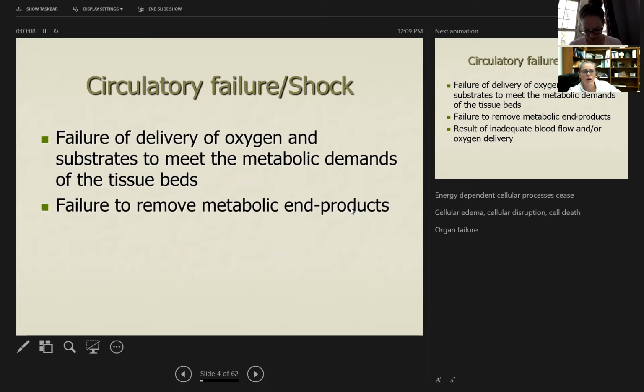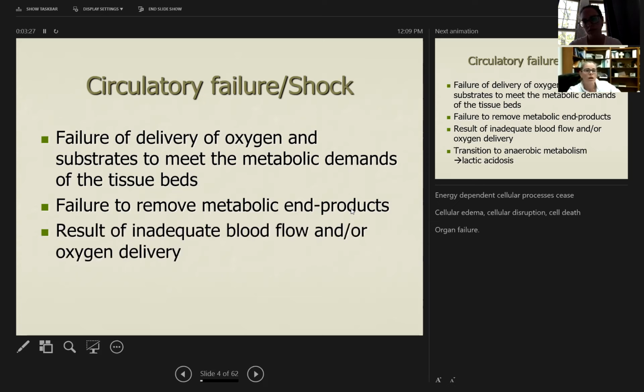And as you're not delivering substrate, as you're not delivering oxygen, as you're not perfusing those tissue beds, you're also not removing metabolic end products, which start to build up. So things like lactate, things like CO2, etc. This is, in general, a result of inadequate blood flow or adequate blood flow without adequate oxygenation.